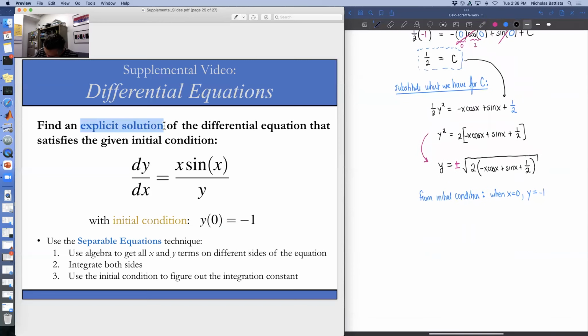Okay. So if we just plug in x equals 0, we can see what's going to happen. We have 2 times, plugging in x equals 0, minus 0 times cosine of 0 plus sine of 0 plus 1/2.